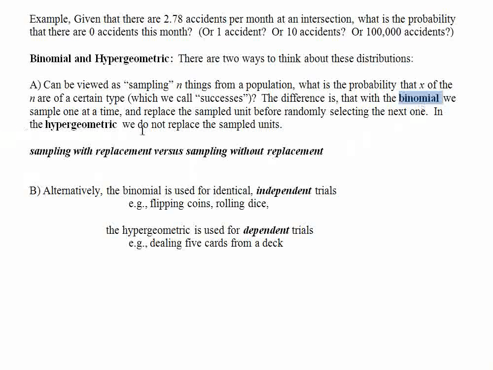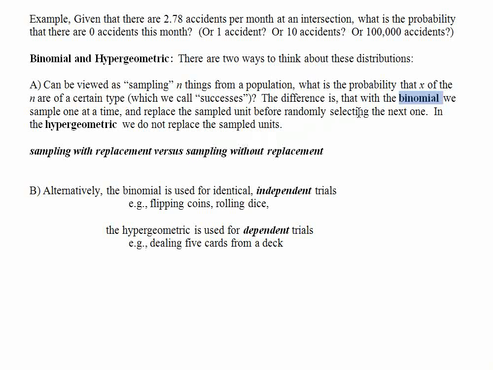But in the hypergeometric, we pull a ball out, and then we pull a second ball out, and a third ball, and a fourth ball, and a fifth ball, all at the same time, without replacing the sampled units. So sometimes people describe the difference as: with the binomial you're sampling with replacement, and with the hypergeometric you're sampling without replacement. Now what's the big difference here?